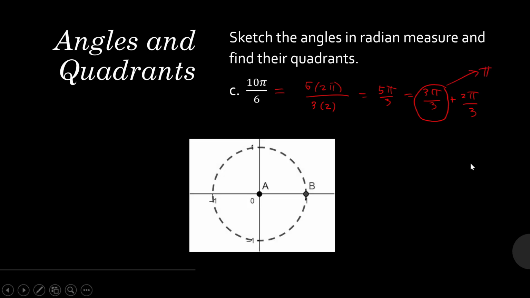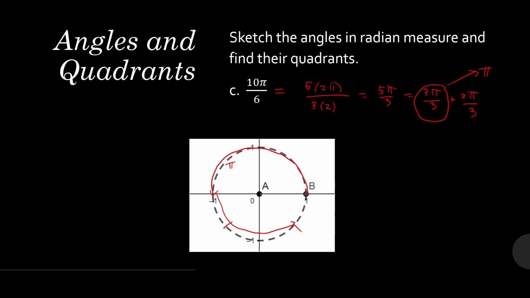So let us go to our rectangular coordinate system. Again, this is a positive angle, so our rotation is counterclockwise. So we begin with pi, and then we add 2 pi over 3: 1, 2. This is the extra 2 pi over 3.